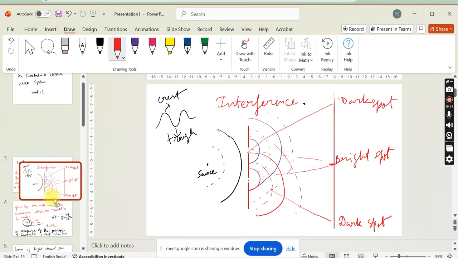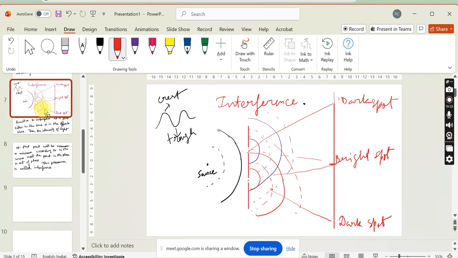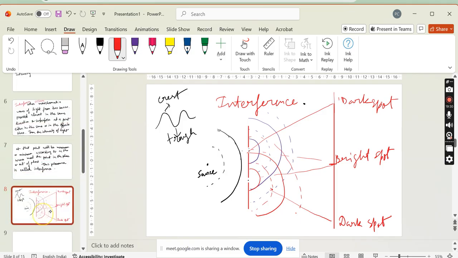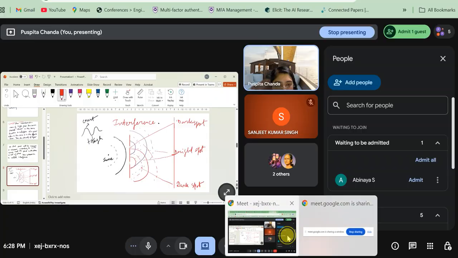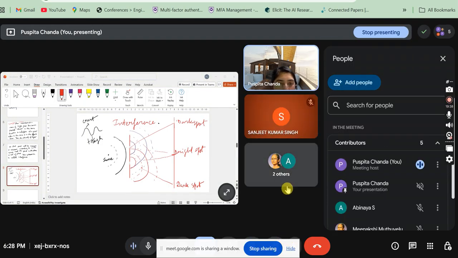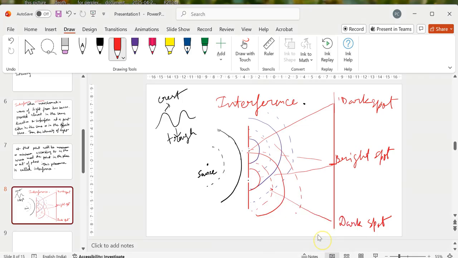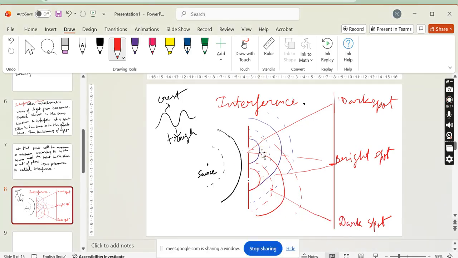So I say that the waves are superposing in phase or out of phase, and we can also say the definition in terms of path difference.